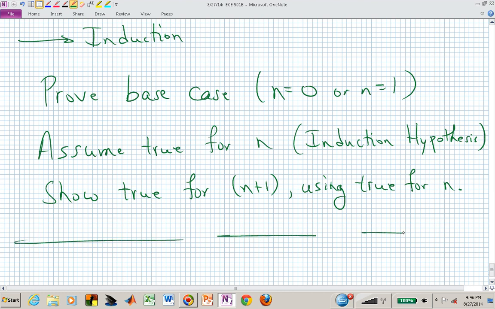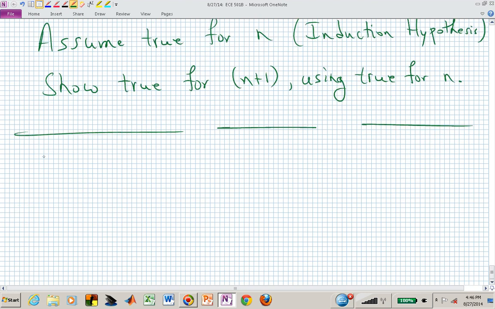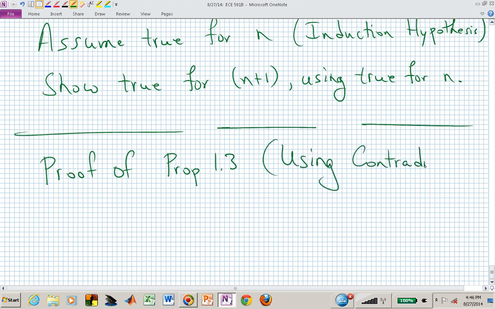Let's demonstrate one of these. You may demonstrate more on homeworks, but let's just go over one of these. Let's say we want to prove proposition 1.3 using contradiction.